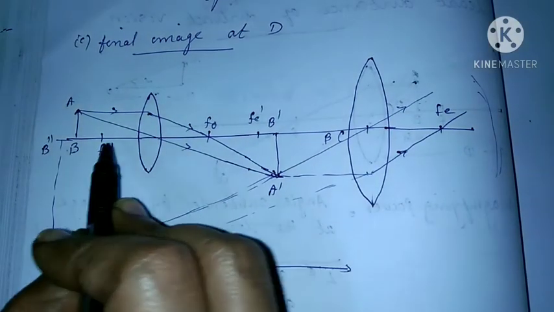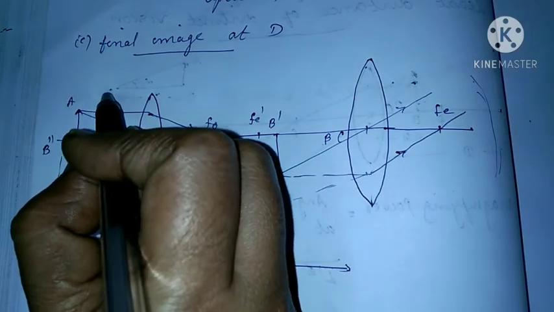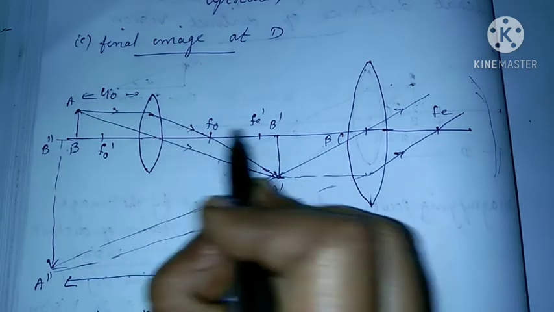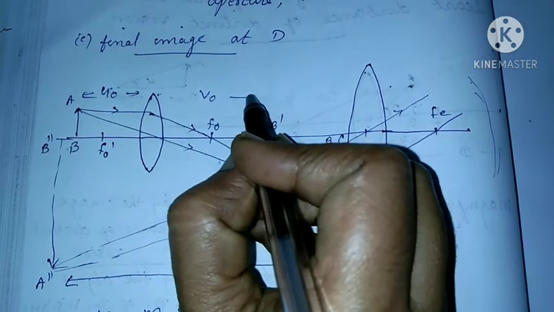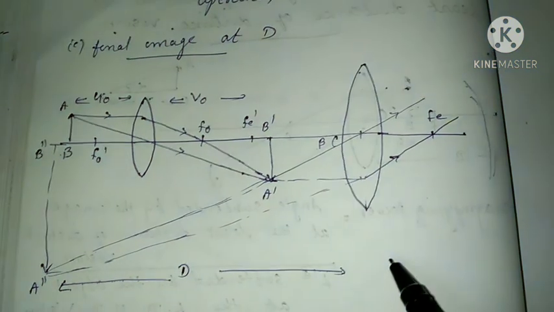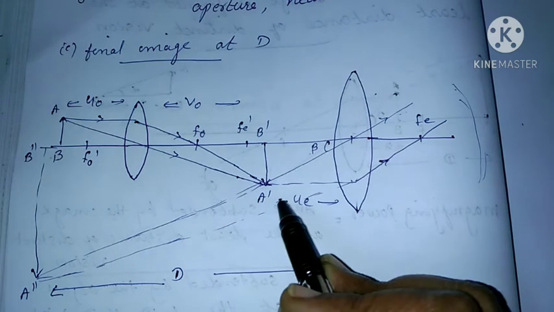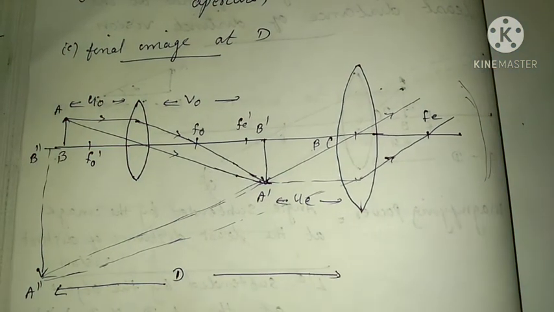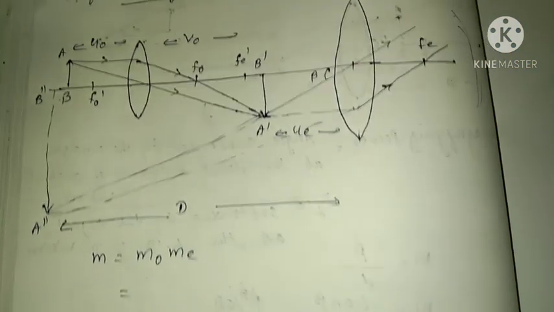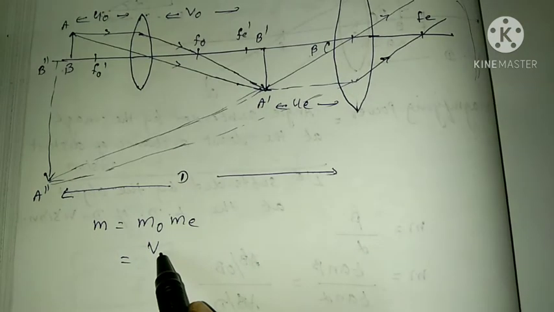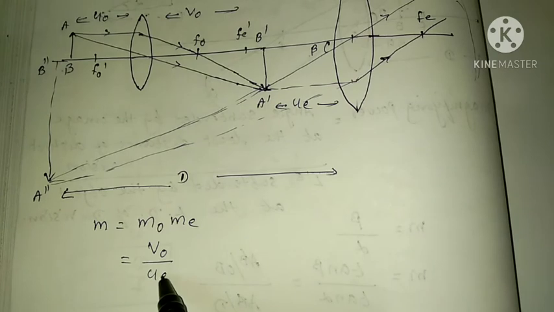So what is the object distance here? This is the object distance for the objective U0 and this is the image distance for the objective. Clear? And this is the object distance for the eyepiece, isn't it? And this is the image distance for the eyepiece. Clear? So we can write MO, that is the magnification of the objective, equal to V0 by U0.